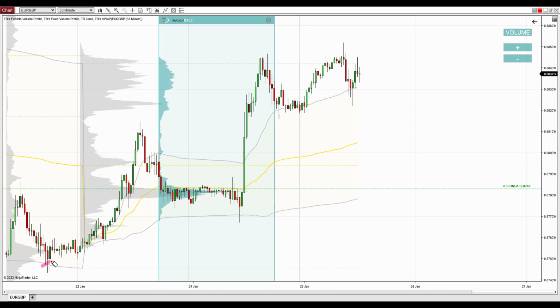Like for example in here, nice reaction to the first deviation. Or, for example, in here, nice reaction to the first deviation. When the price goes above the first deviation, then it also reacts like this, or like this. Right, so this is how the price reacts to the first deviations of the VWAP.